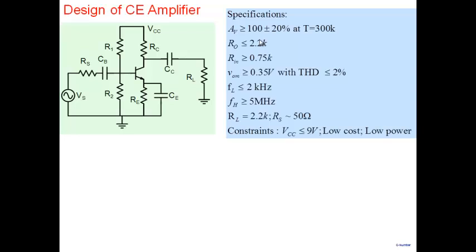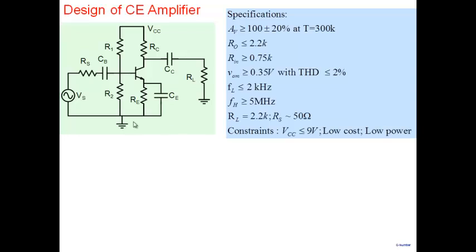Right now, this is an arbitrary set of specs which is given here. You have to meet these specs, and typically in a real design, you don't have a schematic. Remember, we have many schematics available here. This is a common emitter amplifier. We've seen that we could leave a part of the emitter unbypassed. That's another schematic.